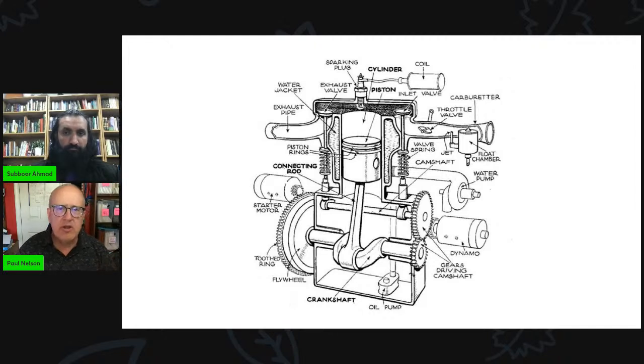But what I want you to notice looking at this drawing from Wiki is the variety of shapes that are present. And the reason there's a variety of shapes is that the global function of turning a crankshaft via burning fuel requires a whole range of different shapes.